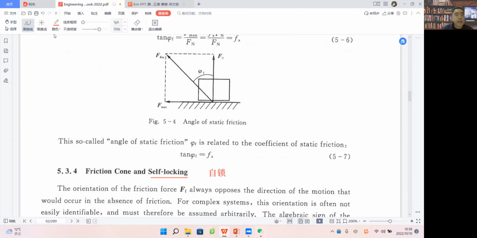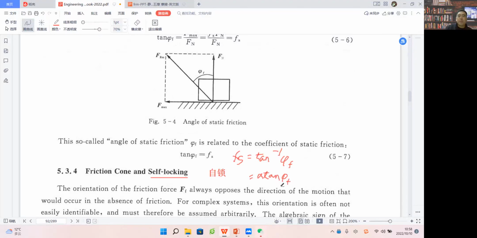Maybe I can write it like this, so if we know Fs, we can find phi F. In other words, if we know phi F, we can find Fs equals the inverse function of tangent, tangent minus 1 of phi F. Another expression maybe ATAN. So we have this kind of function in MATLAB, no? ATAN phi F.